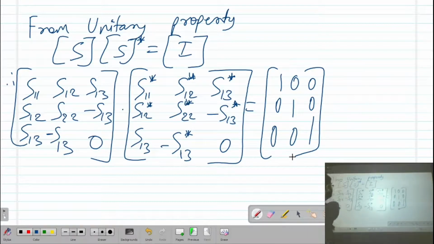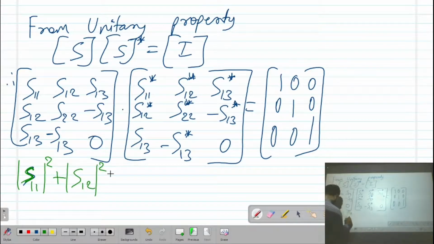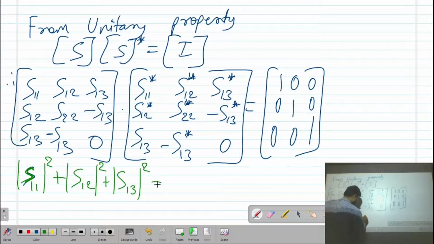Now again going for the expansion of this determinant, first row, first column, we will have S11 whole square plus S12 whole square plus S13 whole square is equal to 1.